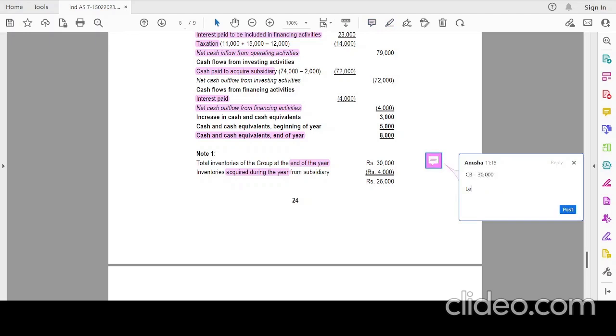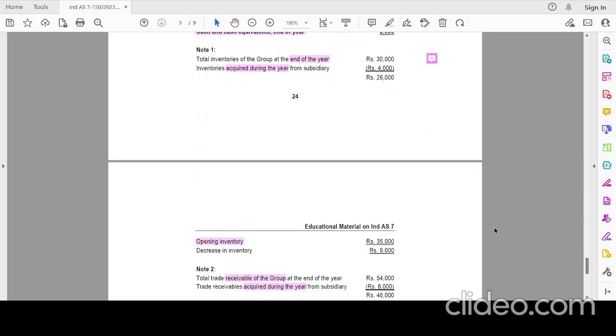We have to deduct the opening balance, 35,000, and what has been acquired, subsidiary acquired during the year, 4,000. So 39,000 minus 30,000 will be 9,000. This is the first one. Hope it's clear, right?